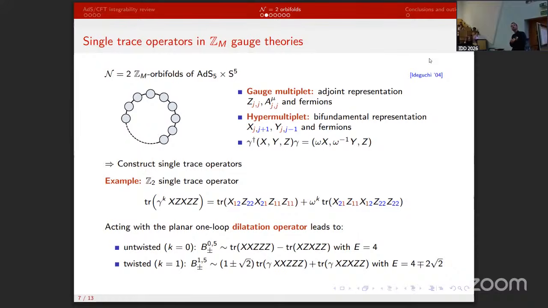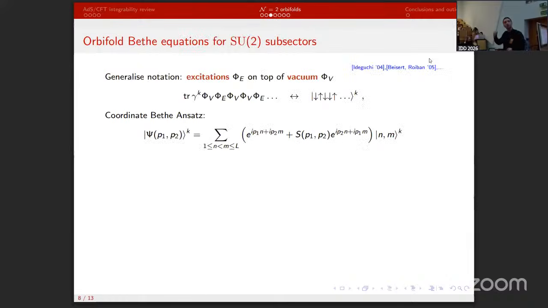And in particular, what does this gamma do here? Well, it's something like a twisted boundary condition, because if I take a field Z here and move it once around the chain, it's a trace, it's cyclic, then I may or may not pick up an omega depending on these relations when I move over the gamma. So this is the important message here, that just by introducing these roots of unity, I already changed the spectrum and the eigenfunctions.